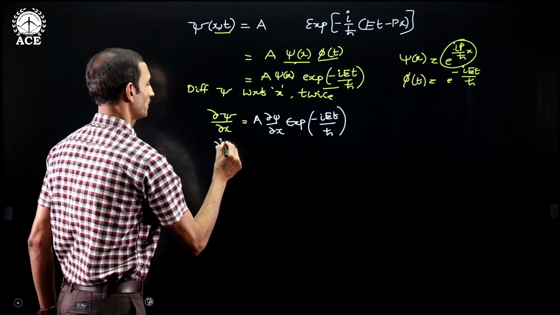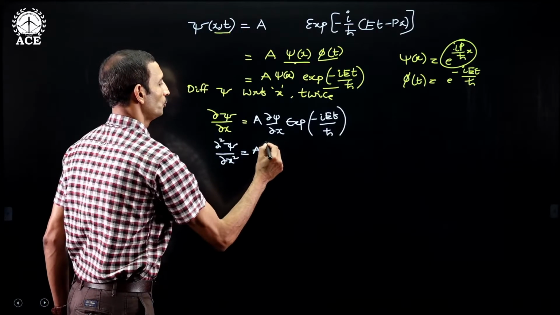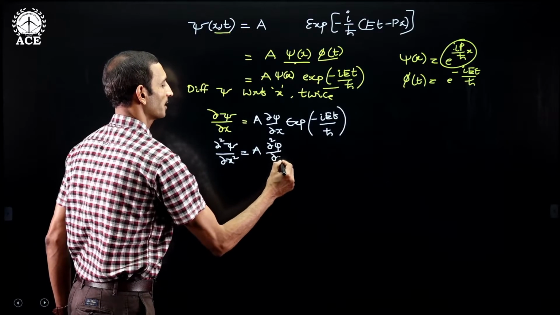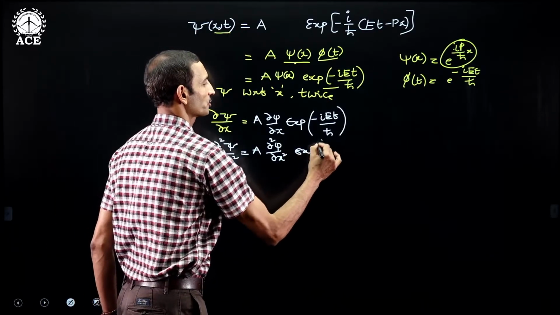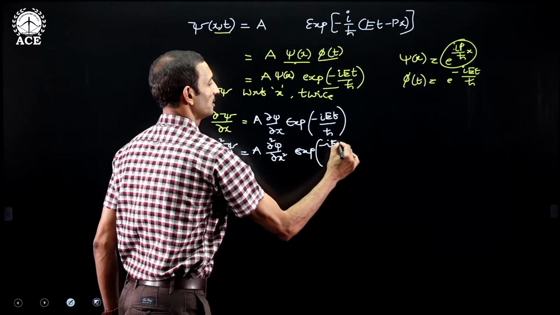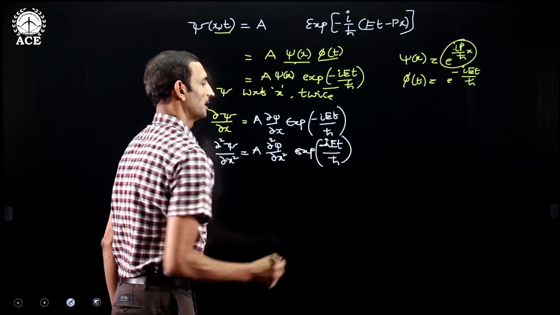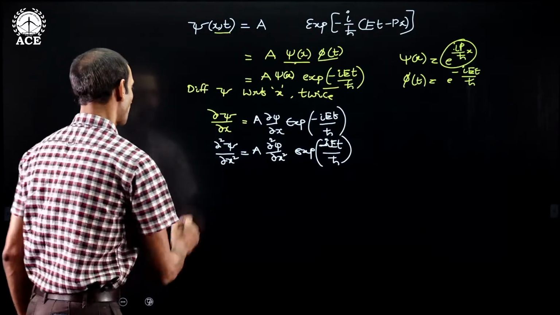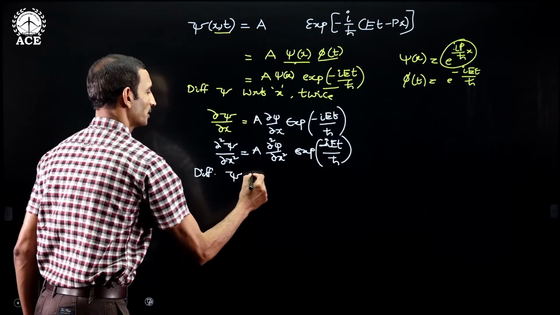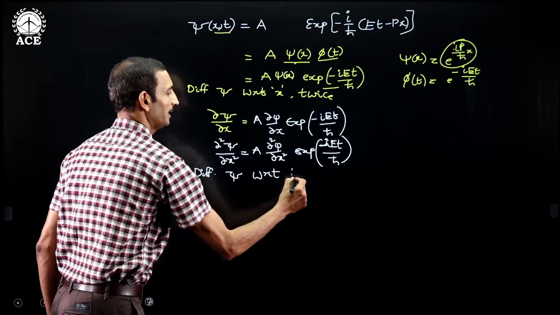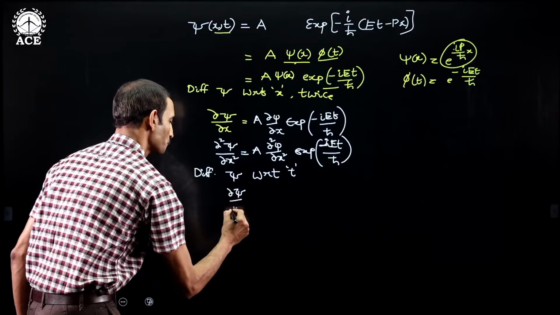Now again, del square psi by del x square is A into del square psi by del x square, because this is a function of x, into this which remains as it is. This is a function of t, so this remains exponential of minus iEt by h cross. This enjoys no change. Now I am differentiating psi again with respect to t only once, so that is del psi by del t.